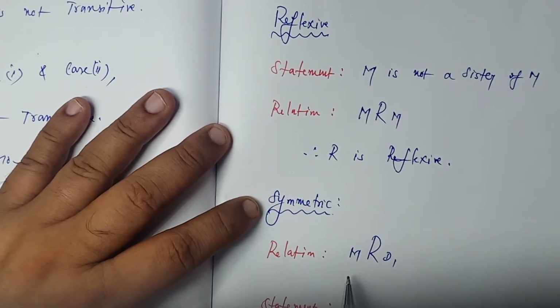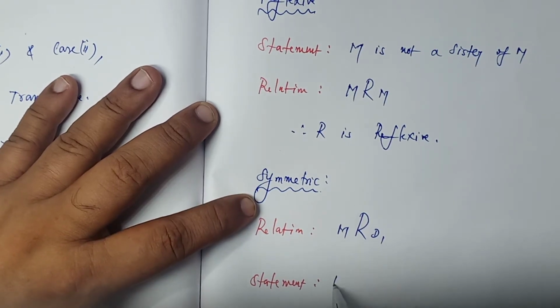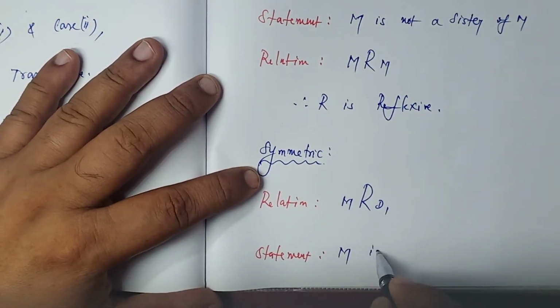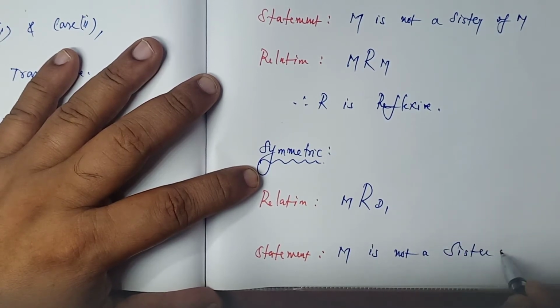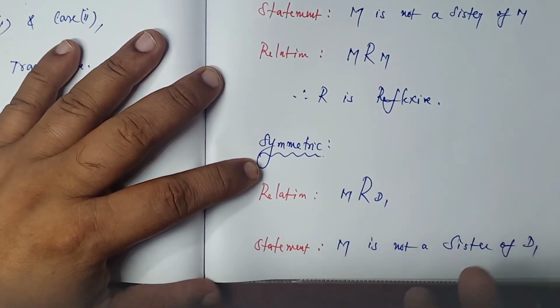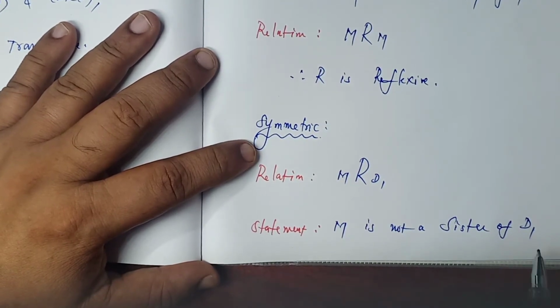That means mother is not a sister of daughter 1. Correct. Now, a reverse statement. What about D1 and M?